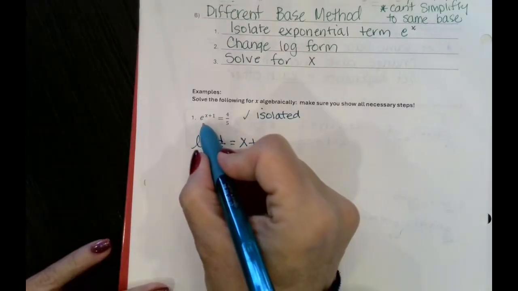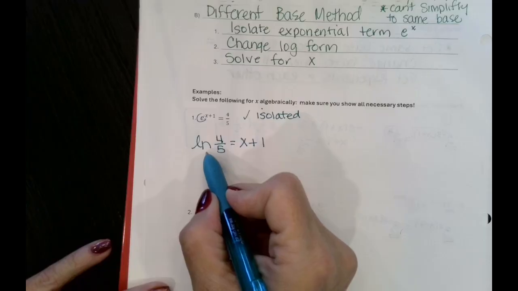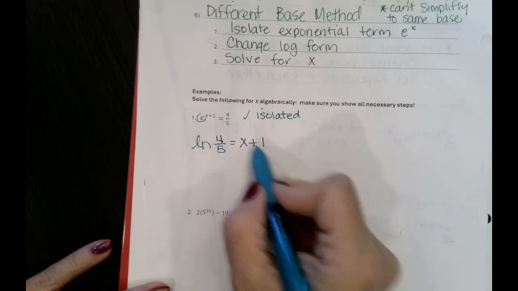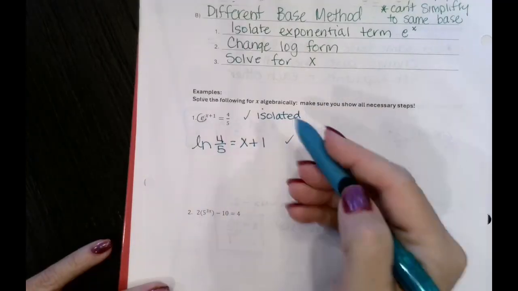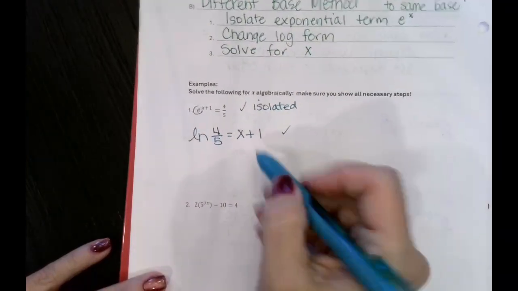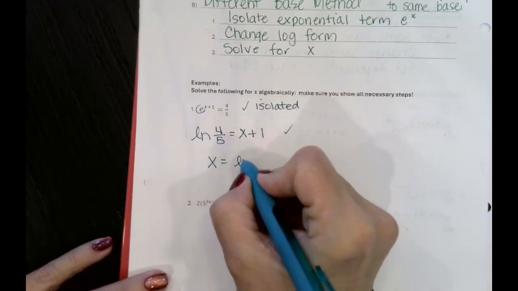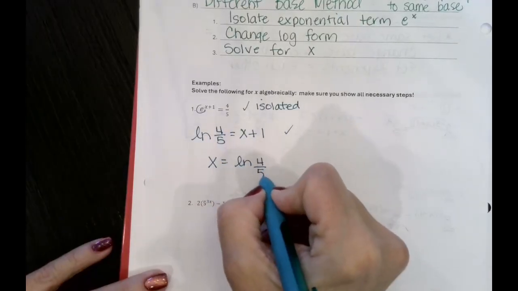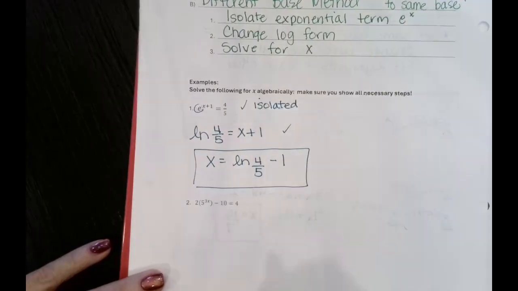So my base is my ln, my answer's here, and this equals my exponent. All right, so this was step 2. And then step 3 is solve for x. So I'm just going to subtract this 1. So I'm going to end up with x equals ln of 4 over 5 minus 1. And that is my solution.